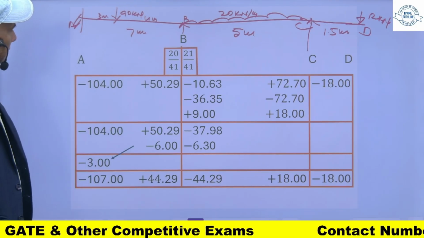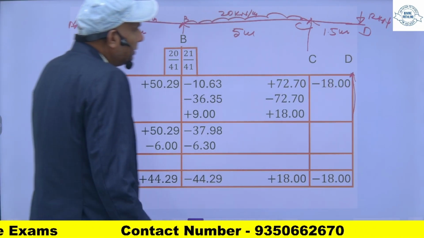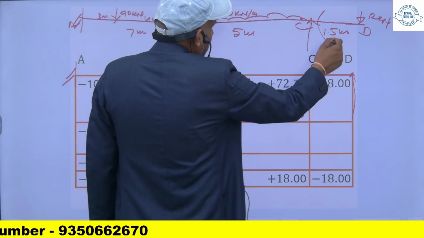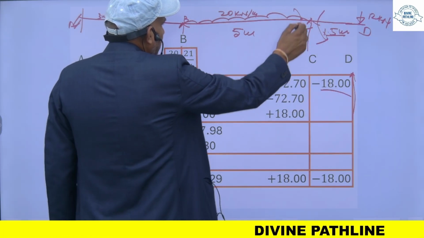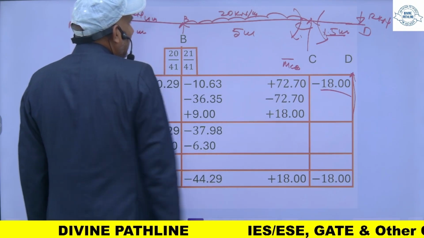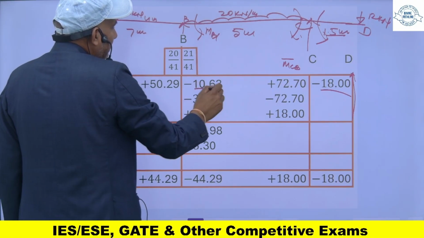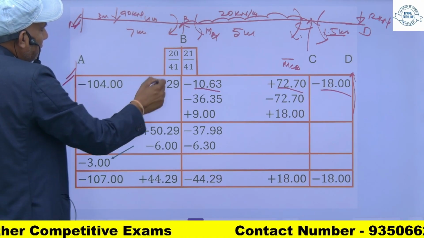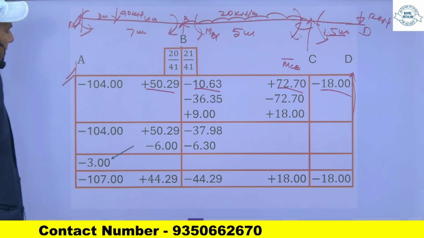Now this is my moment distribution table. For this CD portion, my moment is anti-clockwise, 12 into 1.5, minus 18, and for CB this is the value MCB, the fixed end moment. I will plot MBC here, and MBA is equal to 50.29 plus, and MAB is equal to this one.